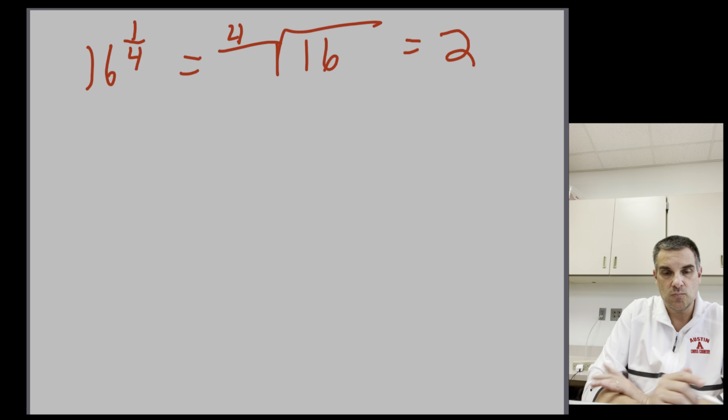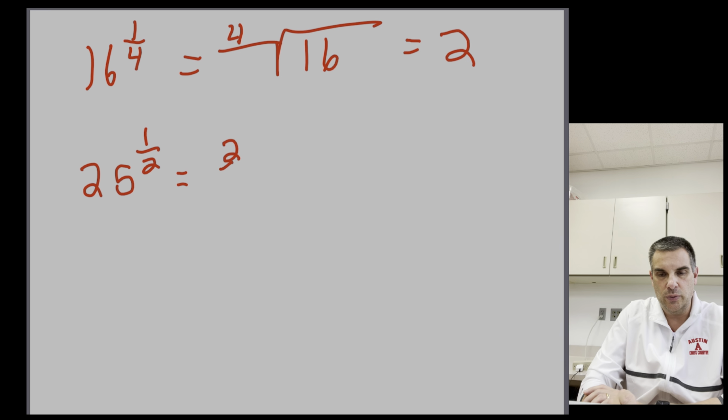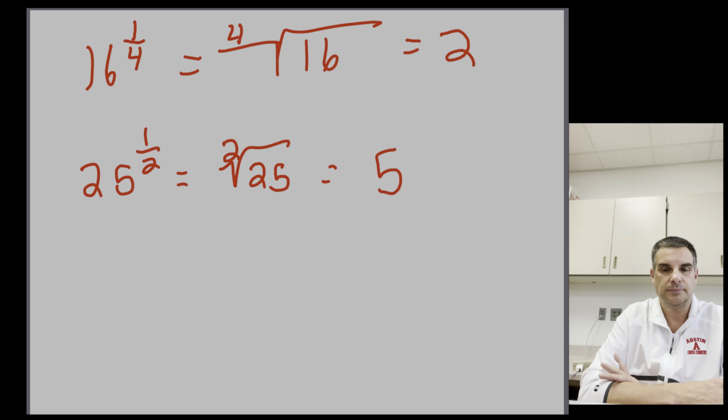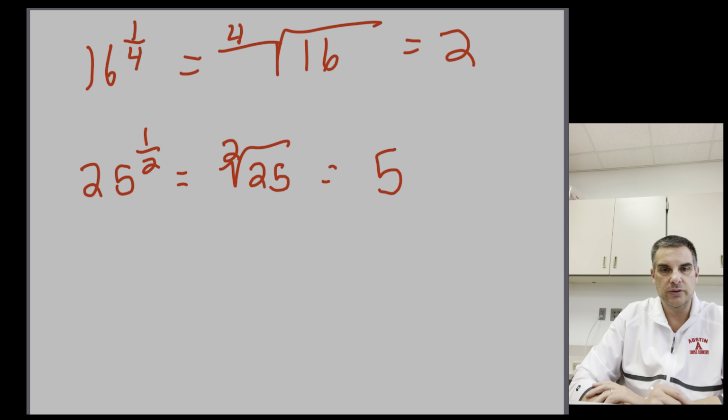Okay. 25 to the 1/2 power is the same thing as the square root of 25, which in this case is 5. Okay. So you've got to keep this property intact with how we're doing things.